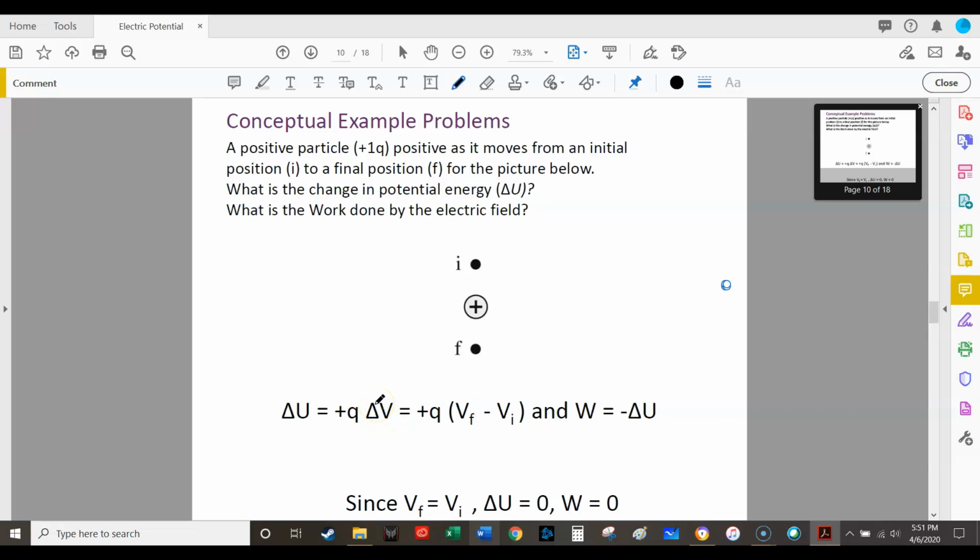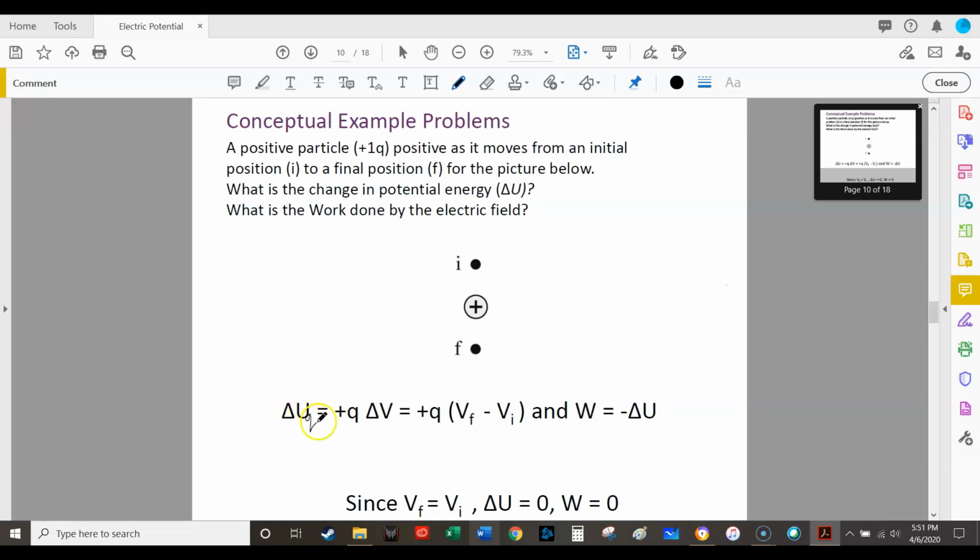And so that's why in 3.1 we practiced what delta V is, and quantifying delta V. So this is the electric potential energy. Excuse me, the hiccups. This is the electric potential and electric potential energy.